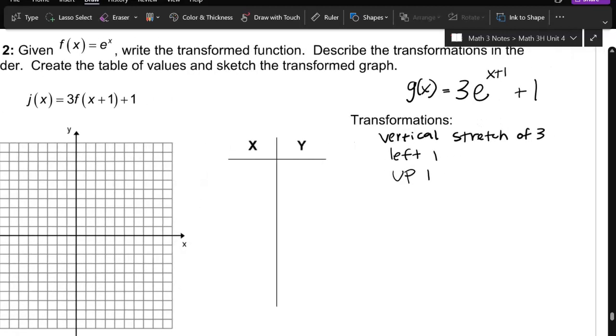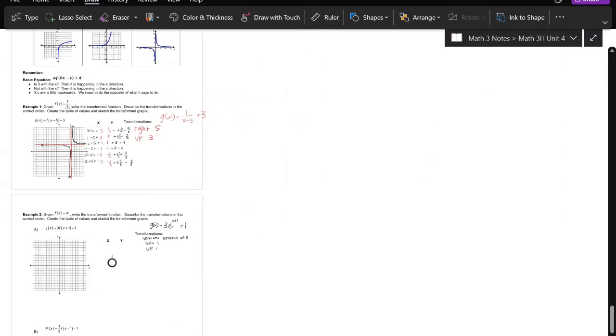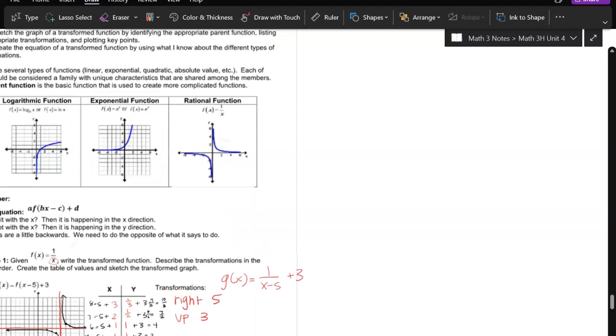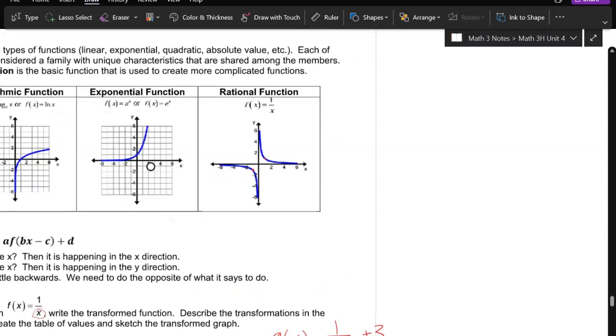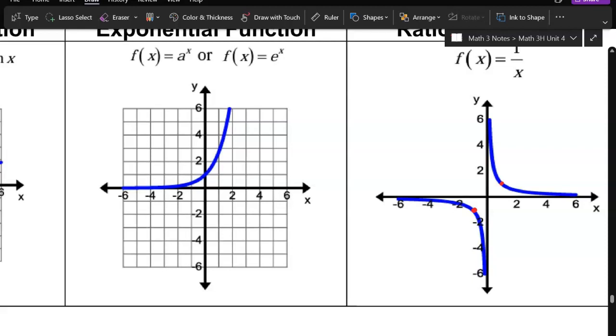All right, for our points here, if we look at our parent function of e to the x, or our exponential function, it goes through 1, 1, about 1, 3. It's not quite 3, but essentially it's going to go through that 0, 1 point.